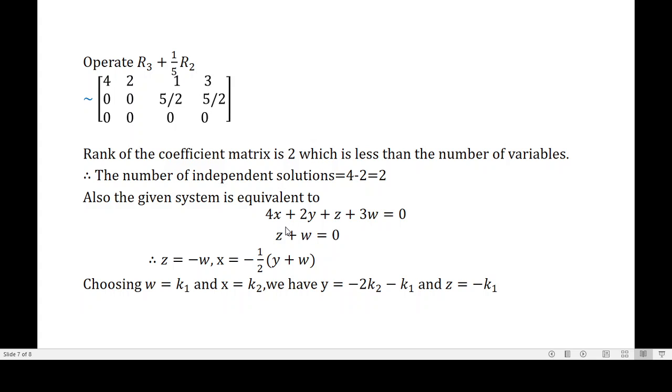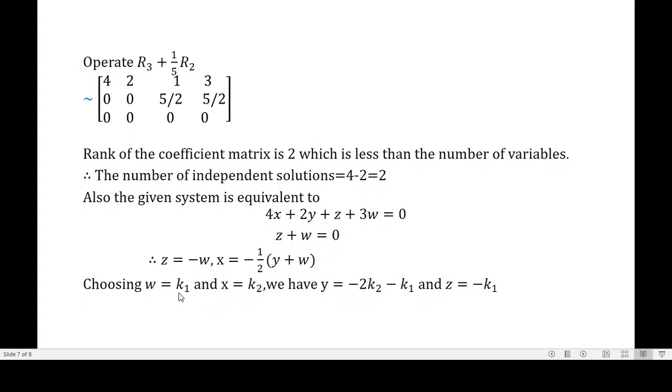So, 2k2 plus y plus k1 is equal to 0, or y is equal to minus 2k2 minus k1. Hence, the solution is x is equal to k2, y is equal to minus 2k2 minus k1, z is equal to minus k1 and w is equal to k1.